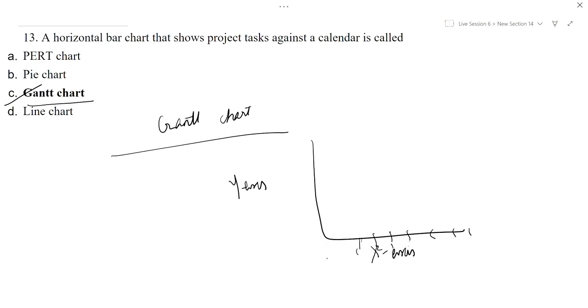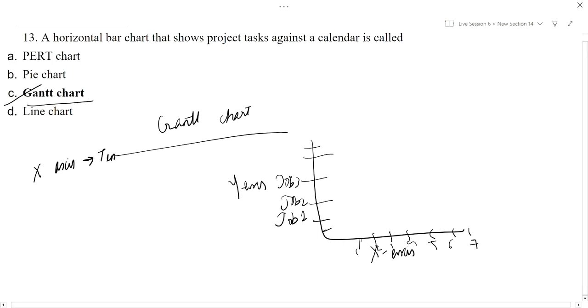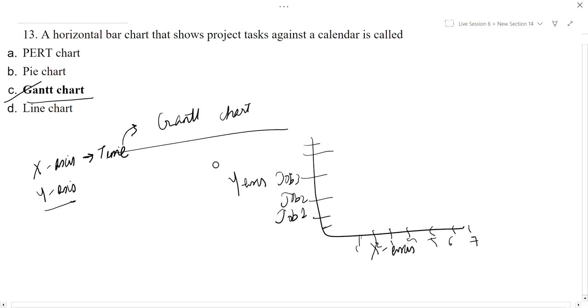Suppose that's 1 2 3 4 5 6 7, and here we can mention the jobs, job 1, job 2, job 3, and so on. So it's a simple chart only where we indicate the time in the x-axis. X-axis is time, this can be in days, hours or months, whatever, and in the y-axis we mention the jobs. We here have given it like job 1 2 3 4.